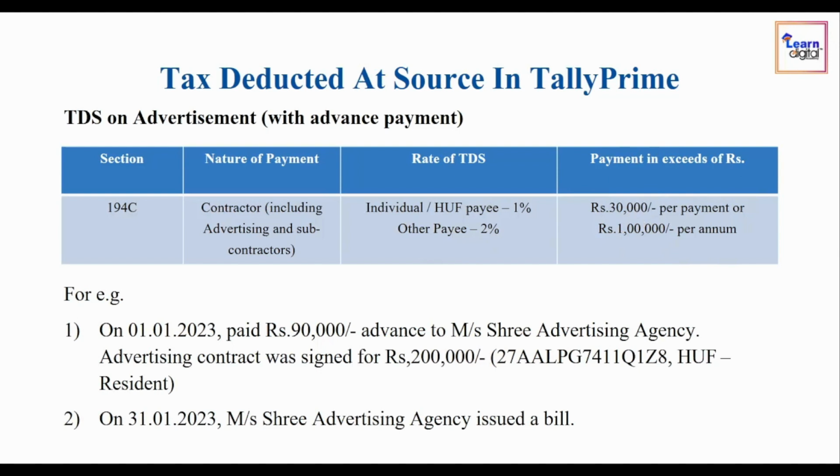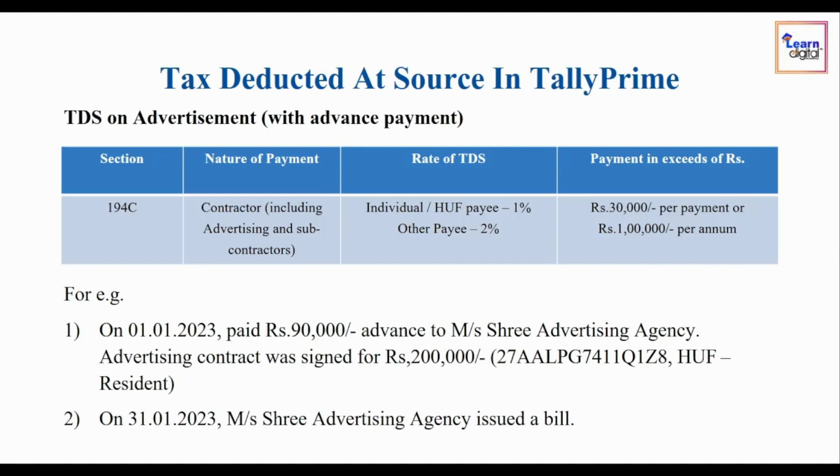But it is given that 1 lakh rupees is the amount per annum. If that 1 lakh is exceeded within 1 year, on any day, in that case TDS will get deducted for that particular voucher as well as for the previous vouchers also. So this is what the advertisement contract is.